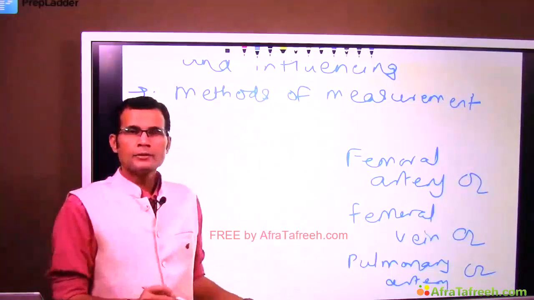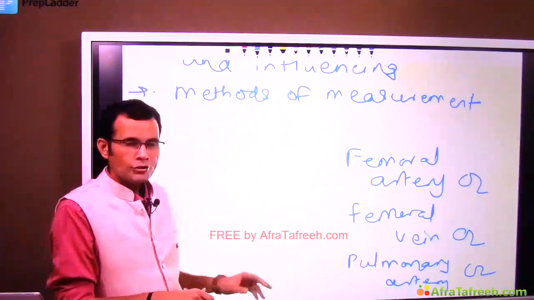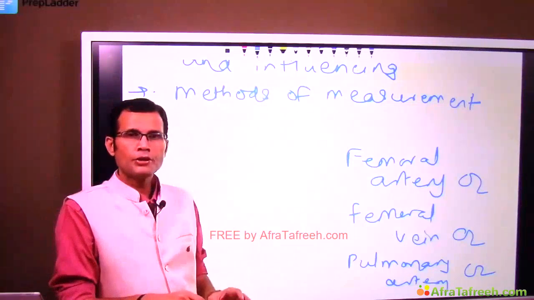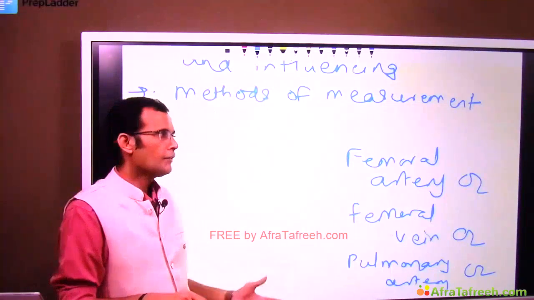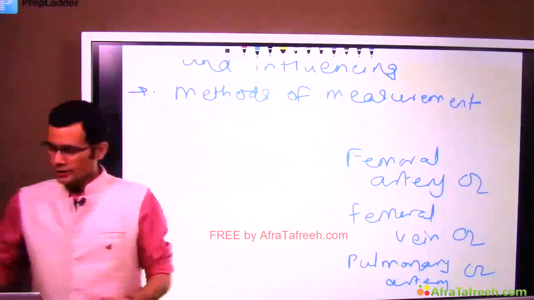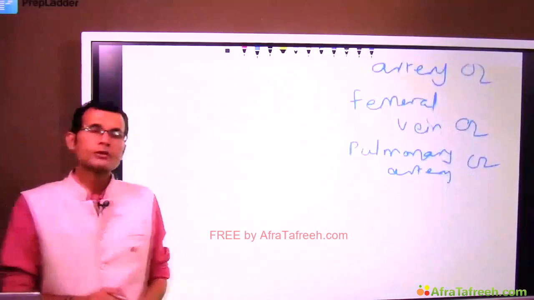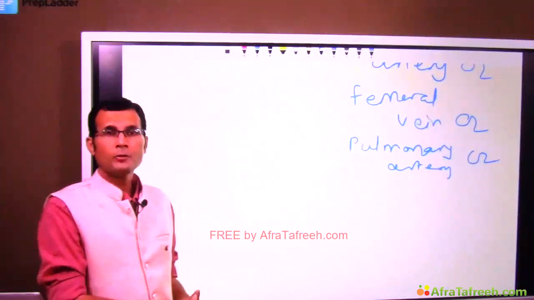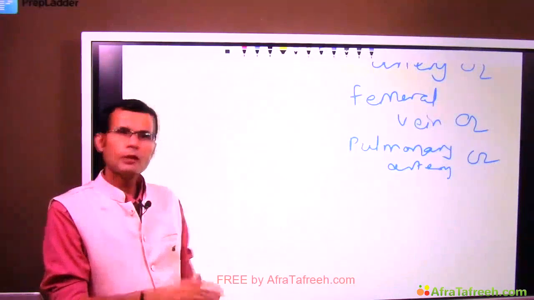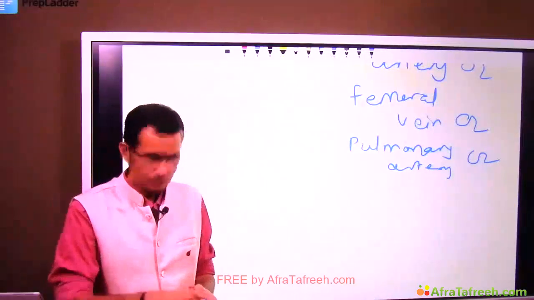And apart from that, oxygen consumption by the entire body per minute has been given, and then they can ask the question to calculate the cardiac output in this particular individual by Fick's principle.